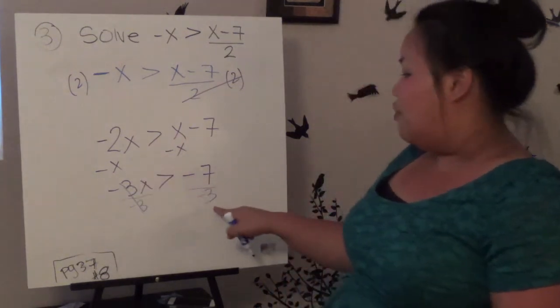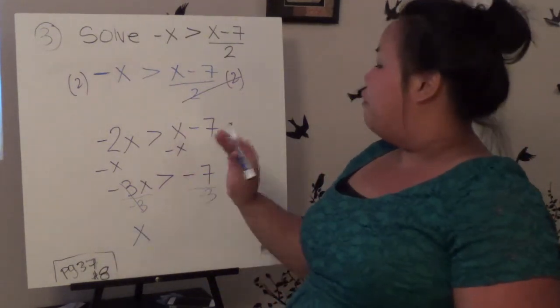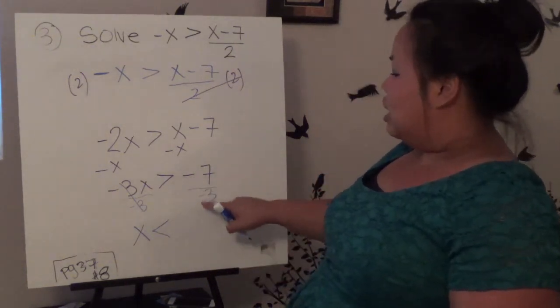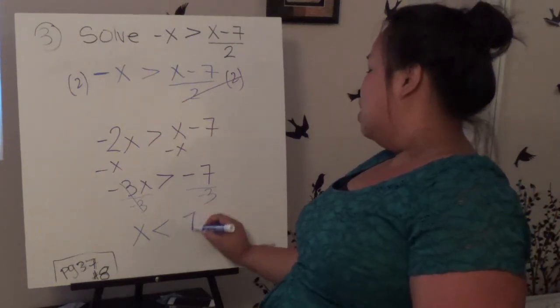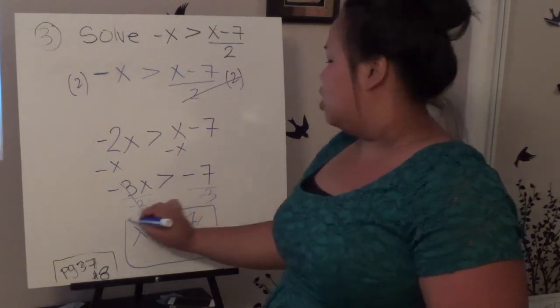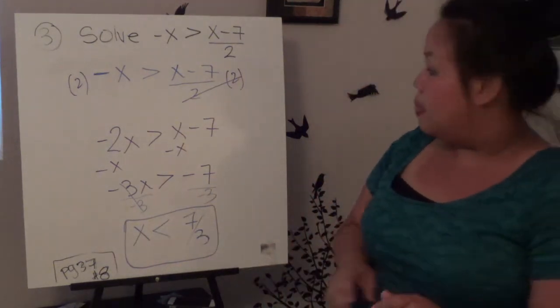Okay, what did I just do? I divided it by a negative number, so therefore I'm going to be left with x, but I'm going to flip the inequality this way. Okay, and these negatives cancel out, so instead of having -7 over -3, I have positive 7/3. So my answer, and just leave it in fraction, x is less than 7/3.